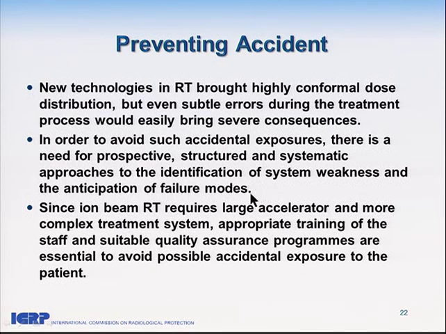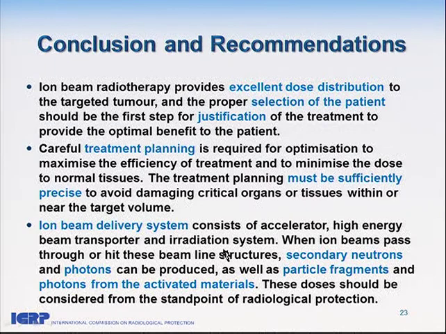But this has been discussed in the previous recommendations, so it is not necessary again. But since ion beam radiotherapy requires such a complicated system, we have to consider a new system for preventing accidents. I'll skip this conclusion and recommendation because these are already written in Publication 127. Thank you very much for your attention.